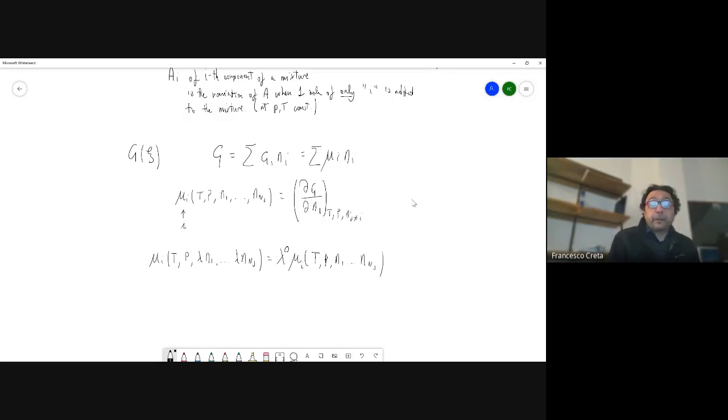In particular, if you think about it, I can choose lambda as any number, any constant. So I could even try to imagine choosing it as 1 over n, where n is the total number of moles.